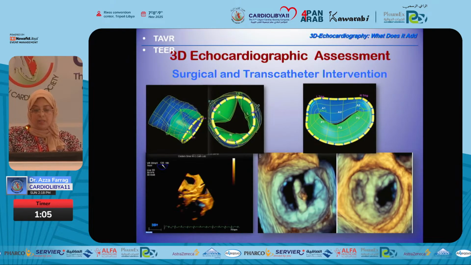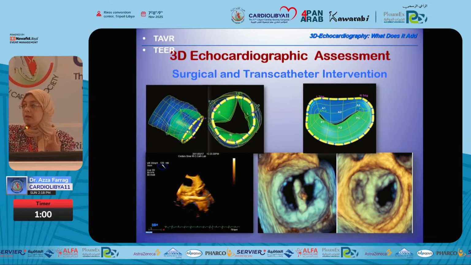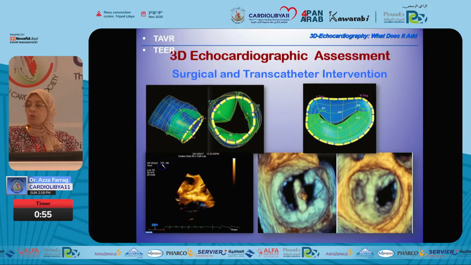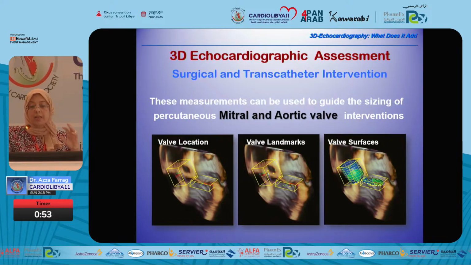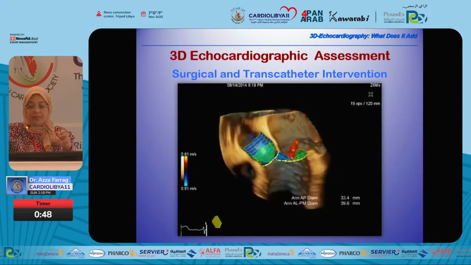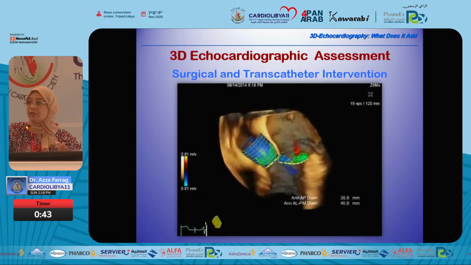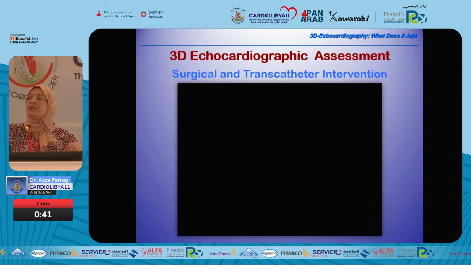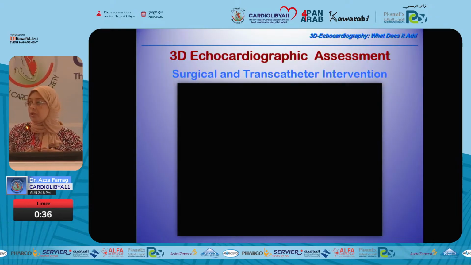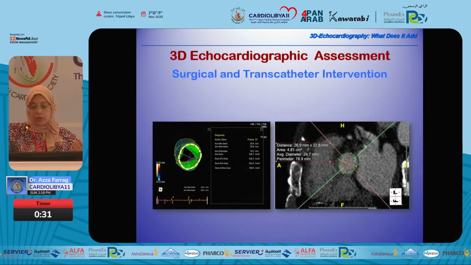Intraoperatively, this is very important to assess for percutaneous aortic valve replacement or implantation, and also, as I said here, it is very important to assess for the valve location, the valve landmarks, and the valve surface to know the relationship between the mitral inflow and the left ventricular outflow, because sometimes when you insert a valve, percutaneous mitral valve implantation, you can encroach on the left ventricular outflow tract and get out of your cath lab with left ventricular outflow obstruction.